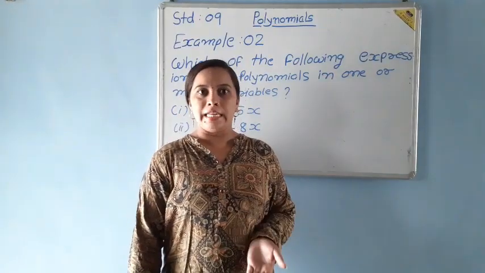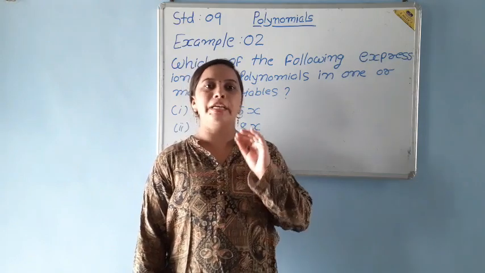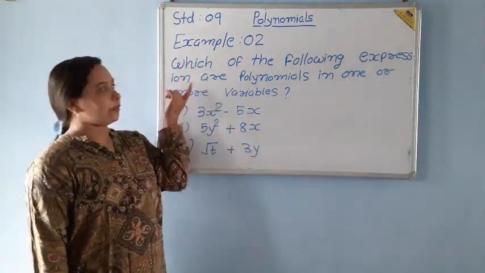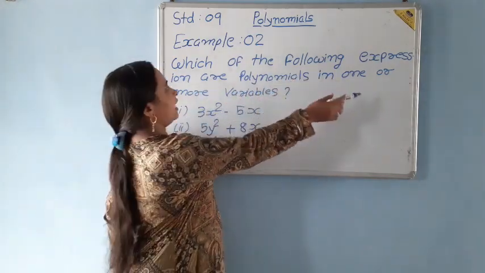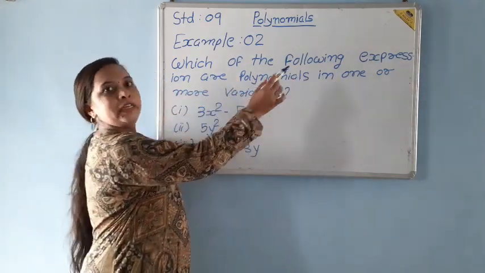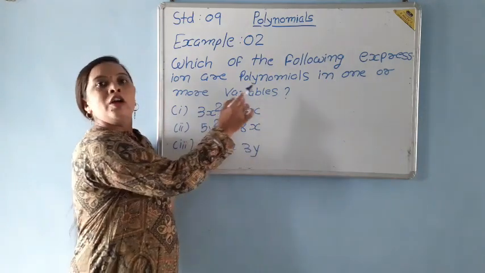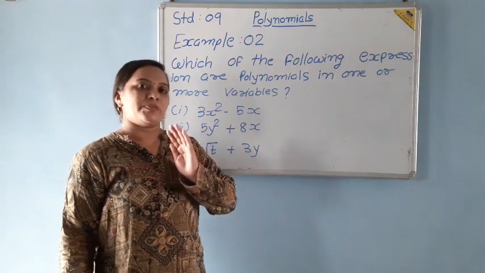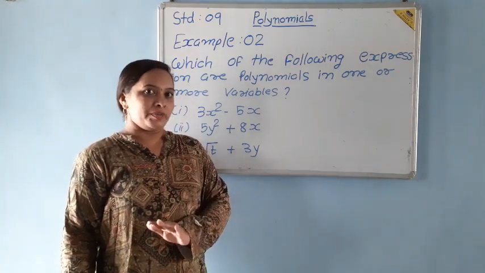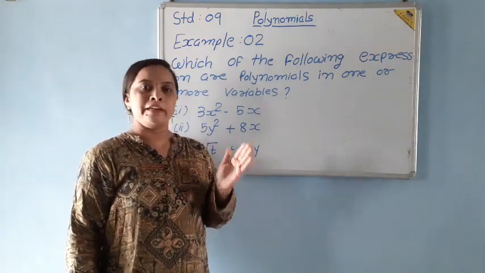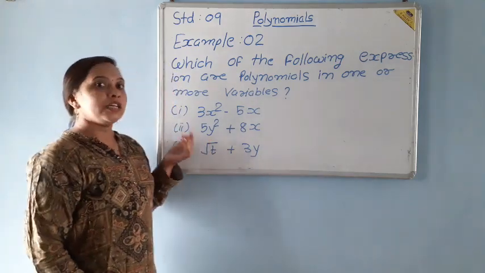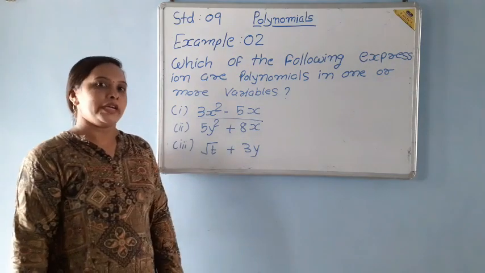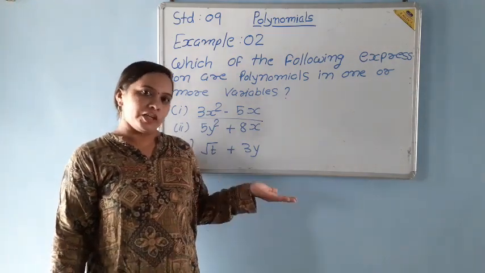Take another example to know the meaning of the polynomial in one variable. Which of the following expressions are polynomials in one variable or more variables? You have to tell whether the expression given is in one variable or more than one variable. So come to the first example. 3x square minus 5x. First of all, is it a polynomial?